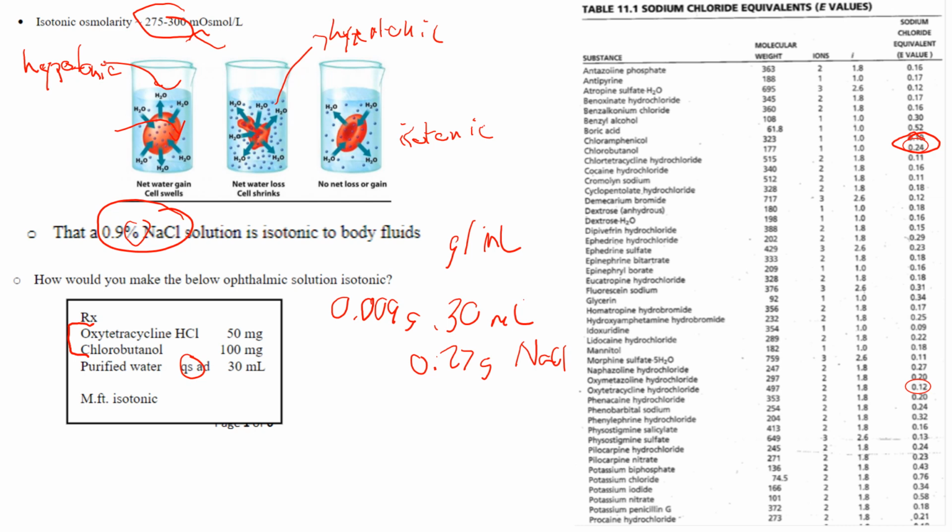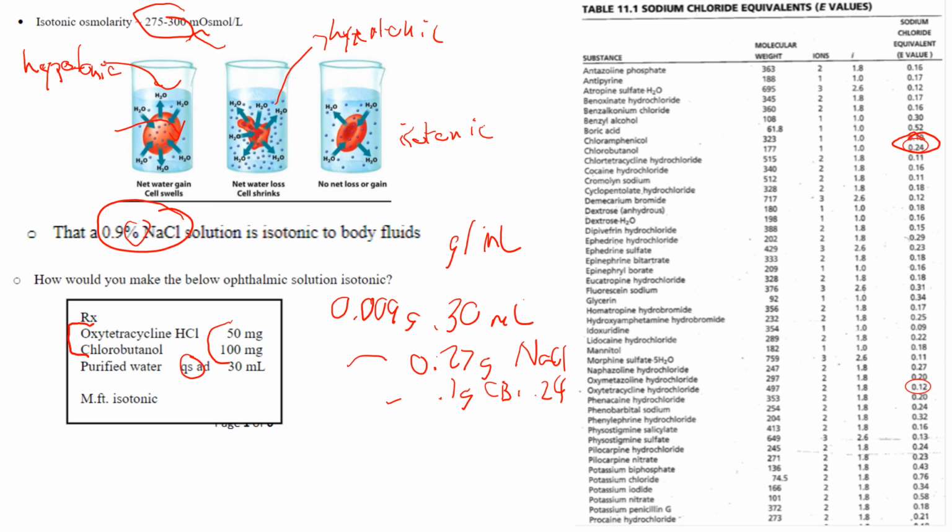So essentially what we can do is we can multiply the masses of each of these drugs. I'm going to convert these to grams as well to keep our units consistent. So we have 0.1 grams of chlorbutanol times this 0.24, and we're going to subtract this, right?